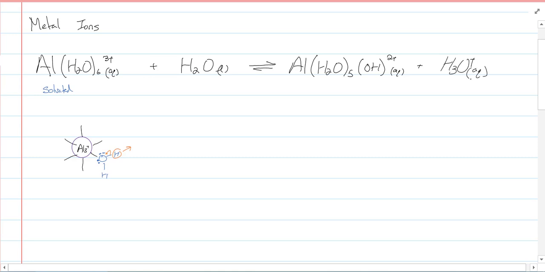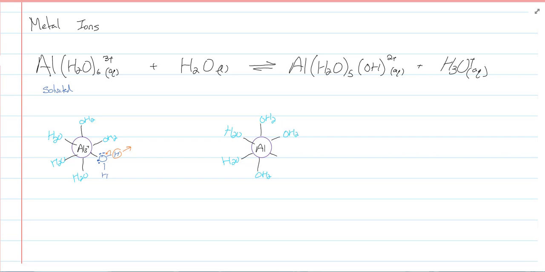Well, what kind of happened there? If I draw another aluminum atom here, you have your 6 waters, or your 5 waters now. So let me put all those other ones on there: OH2, OH2, H2O, H2O, H2O, same thing here. But what happens is we're left with OH that way.